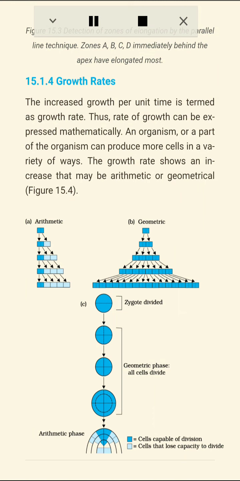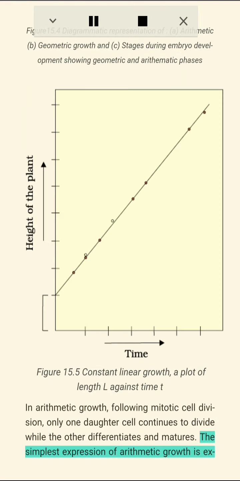Figure 15.4 Diagrammatic representation of A, arithmetic, B, geometric growth, and C, stages during embryo development showing geometric and arithmetic phases. Figure 15.5 Constant linear growth, a plot of length L against time t. In arithmetic growth following mitotic cell division, only one daughter cell continues to divide while the other differentiates and matures.